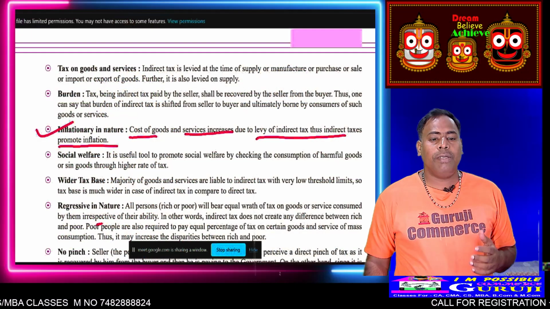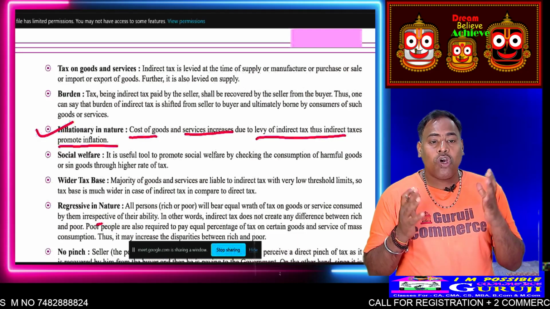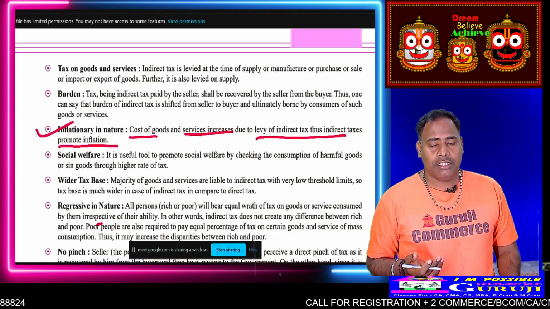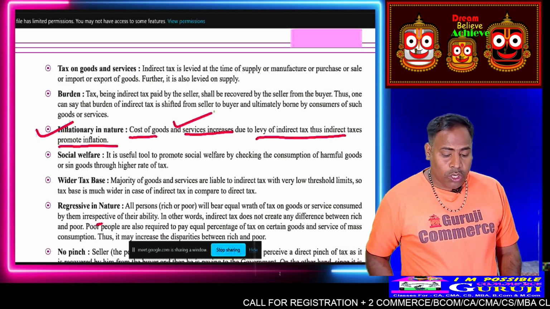Inflationary in nature means the cost of the goods or services increases due to levy of indirect tax. Thus indirect tax promotes inflation. Earlier, when there was no ITC, no input tax credit, there was tax on tax, the cascading effect. In that case the cost of the product increased.